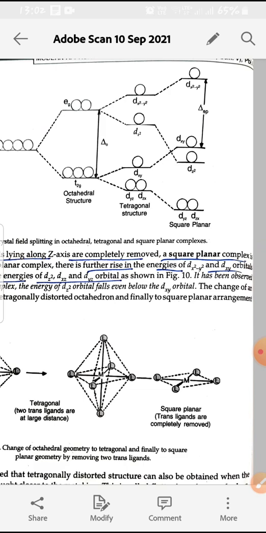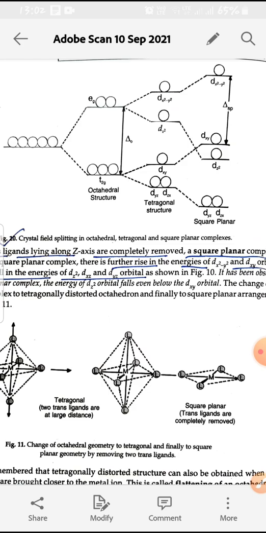Then the T2g set also has three orbitals: dxy, dyz and dzx. Along the z axis the repulsion will be less because the metal ligand distance along the z axis is greater. So the dyz and dzx orbitals will have lower energy, and the dxy, lying in the plane, will have higher energy.